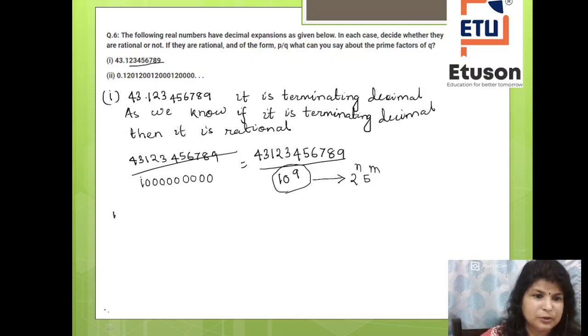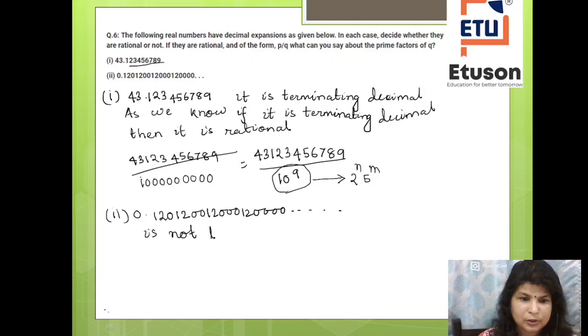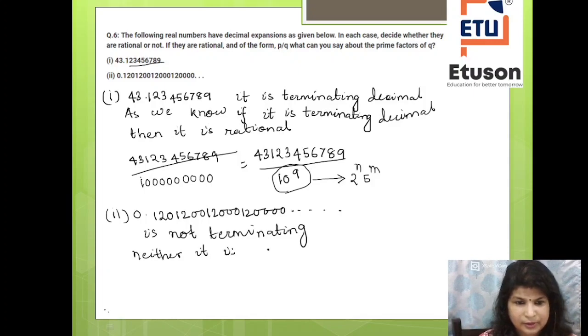अभी सेकेंड बिट को चलो. सेकेंड बिट में क्या है? सो एज यू कैन सी हियर देयर इज नथिंग बीइंग रिपीटेड. सो हियर यू कैन सी द नंबर कीप्स ऑन चेंजिंग and it is not terminating, neither is it recurring.